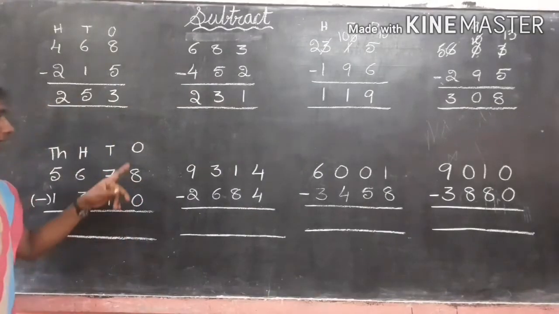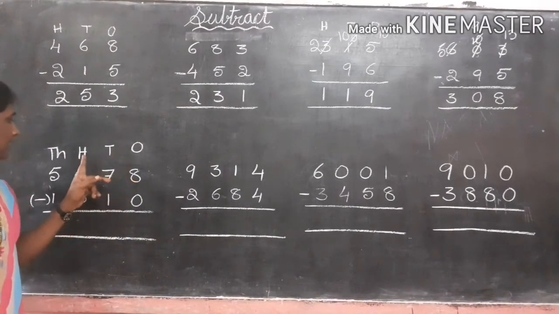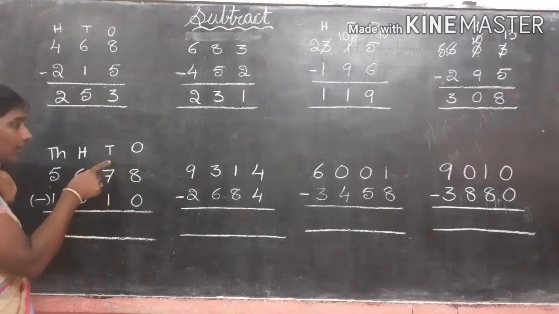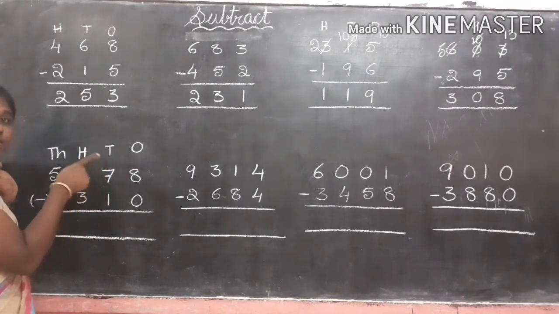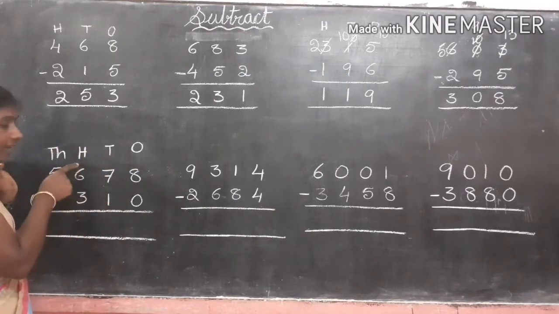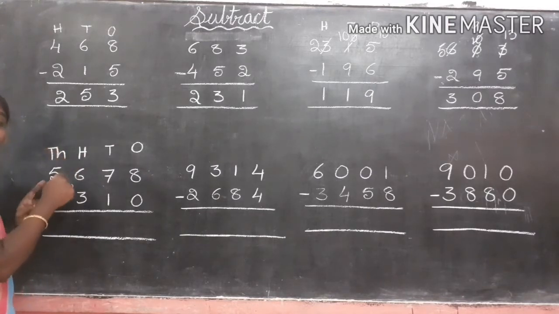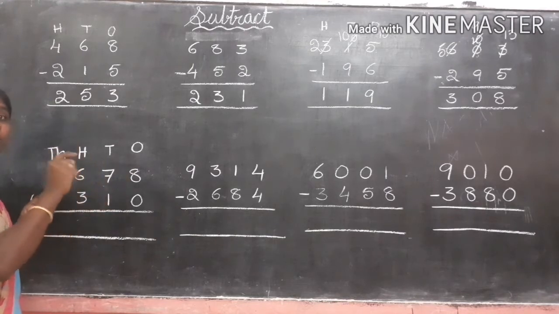Next one. Here ones, tens, hundreds, thousands. Up to thousands places are there. Each place is multiplied by 10. 10 ones is equal to 1 ten. 10 tens is equal to 100. 10 hundreds is equal to 1000. That's why when we are taking the borrow to each place, we are getting 10.